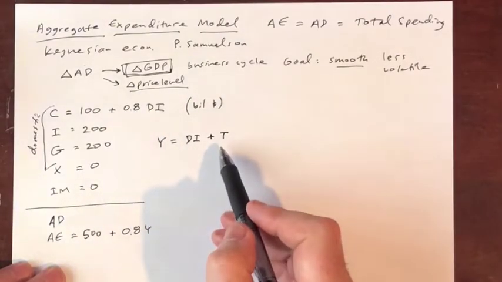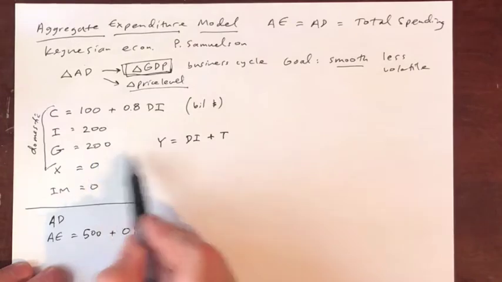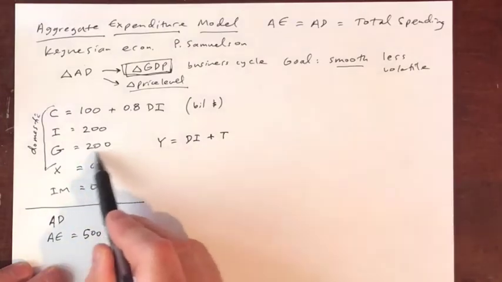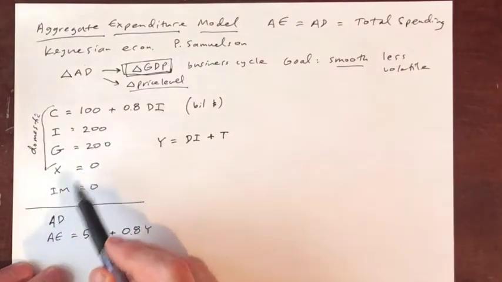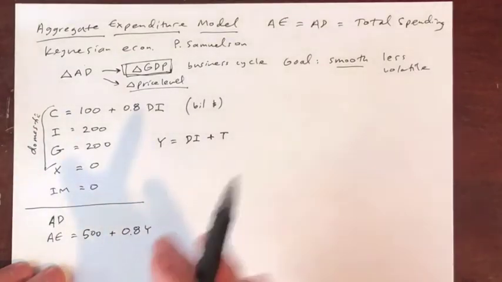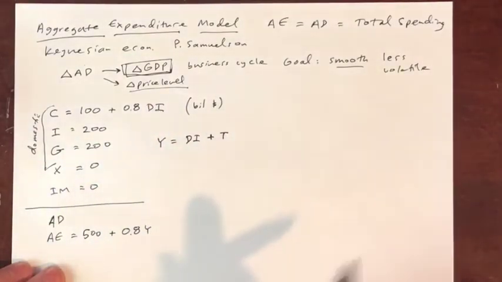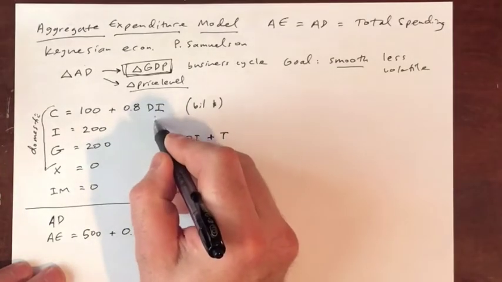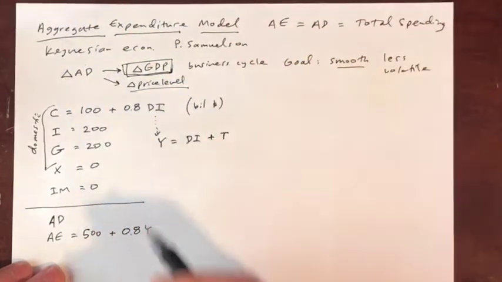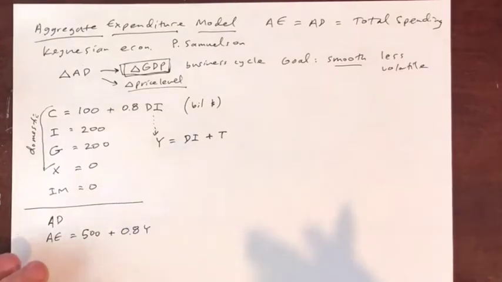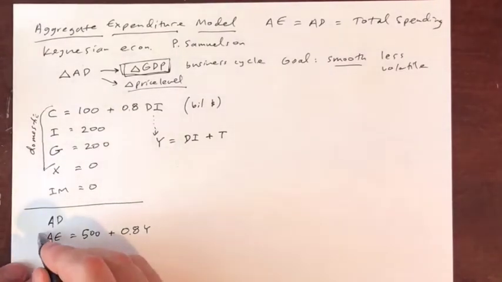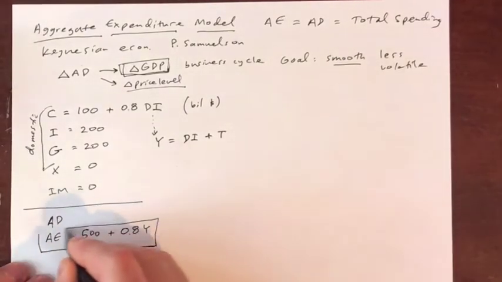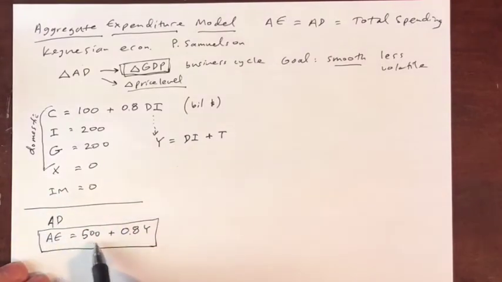If we add those back in, where do taxes go? They go to fund the government. Assuming a balanced budget, which we'll get into a little later, DI ends up becoming Y once we have added everything back in. That makes sense. So what we have here is AE equals 500 plus 0.8 times Y.